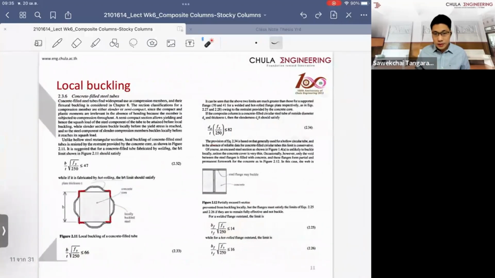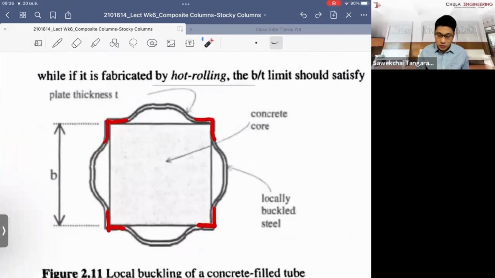So how do we use this in the code? The way we take into account local buckling, each standard treats it in a different way, and the formulation is slightly different, but the concept is the same. What they do is try to approximate where the areas are that are considered effective.